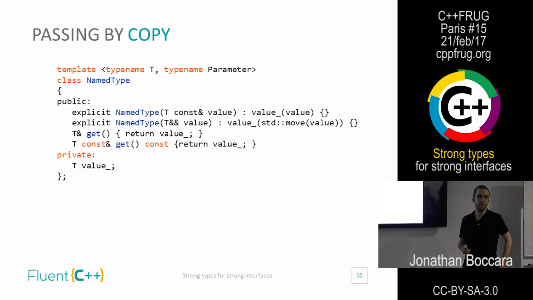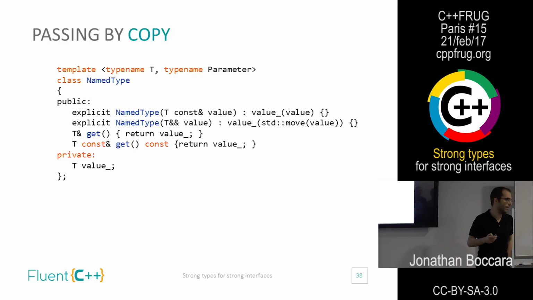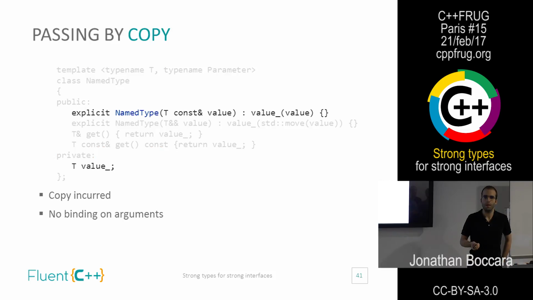Actually, when you think about it, going back to our strong type, if you're building this strong type with something, then you're actually making a copy, right? Because the NamedType stores a T, and then it makes a copy in its constructor, right? So if you're using strong type, then you have to have a copy, you don't have a choice.